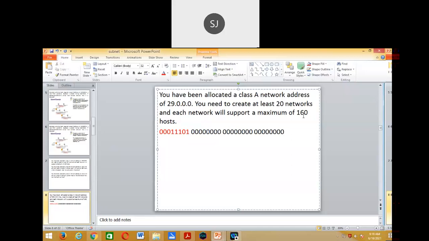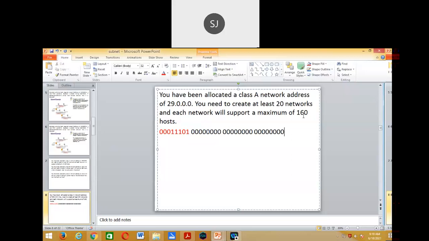See, with 5 bits, how many hosts can I address? What is 2 raised to 5? 32. So with 5 bits, 32 hosts can be addressed.